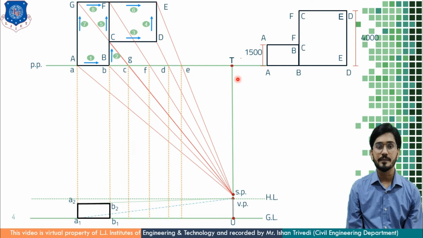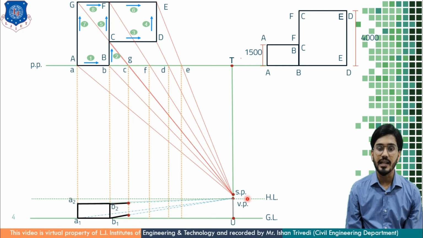Now moving further, as I go from A to B, I will get 2 points, that is B1 and B2. I will connect those lines to vanishing point, and I will get 2 more points which intersect. Means here from B1 and B2 I am connecting this line to vanishing point, and what I am getting, these B1 and B2 lines are connecting at C point.